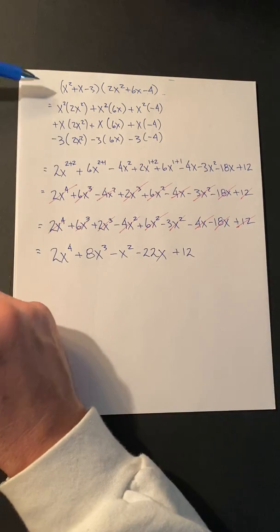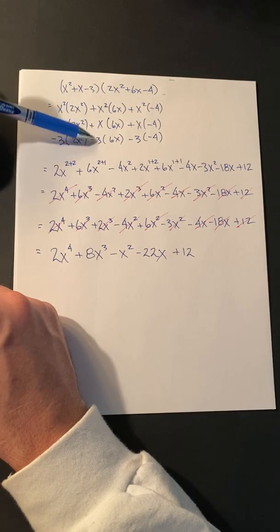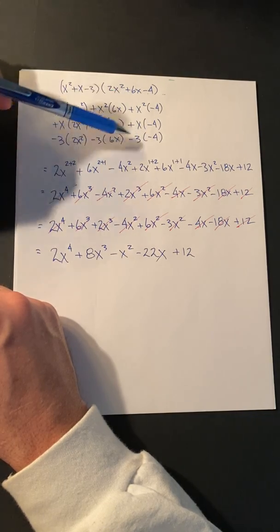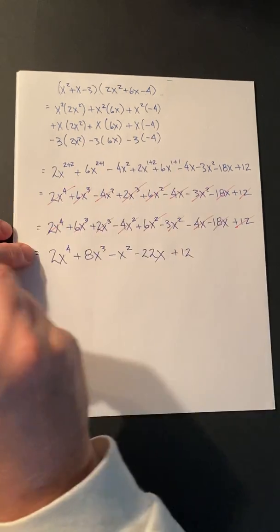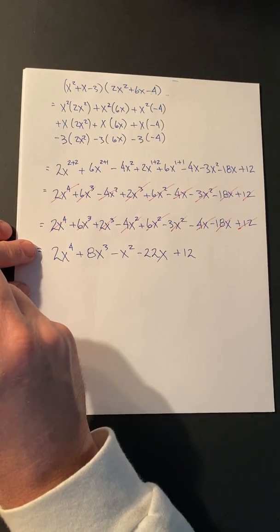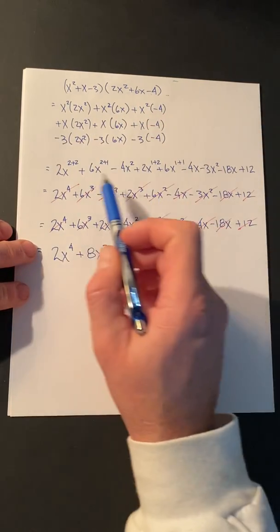But as you can see up here, by using this format, I have my first polynomial, and then I have columns of my second polynomial, okay? So just writing it all the way out, I mean, look at that.